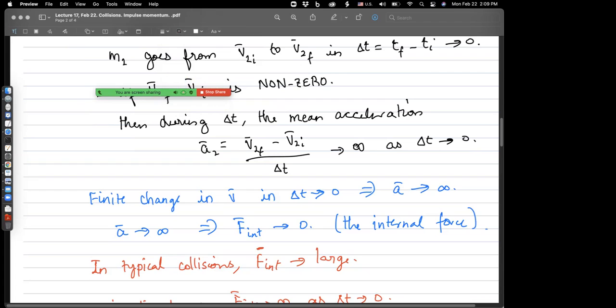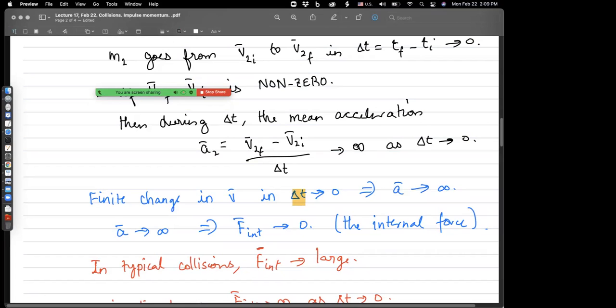How do I fix it? My buttons don't seem to be working, but anyway, this needs to be infinity. So this quantity, F internal, should go to infinity, basically.